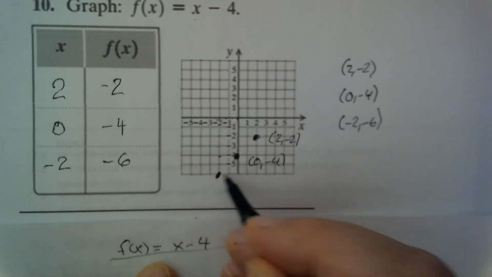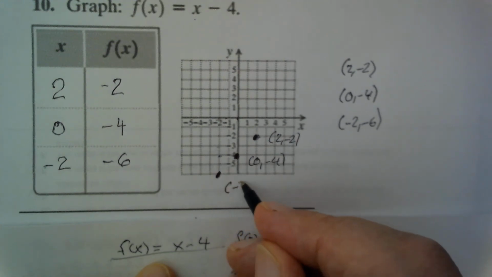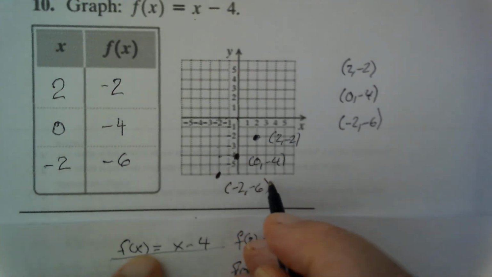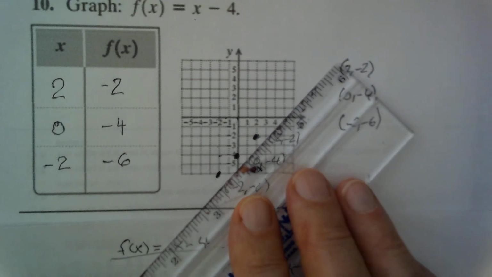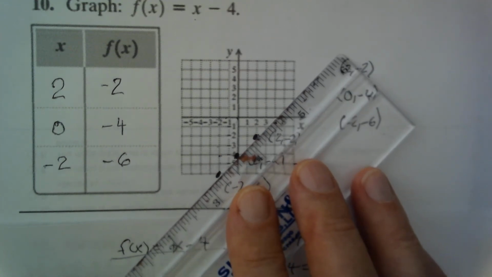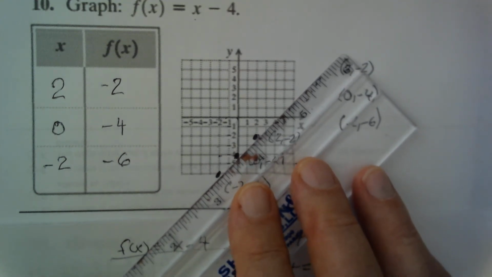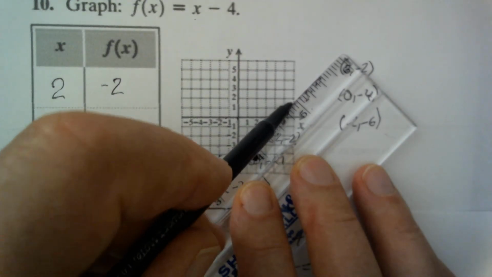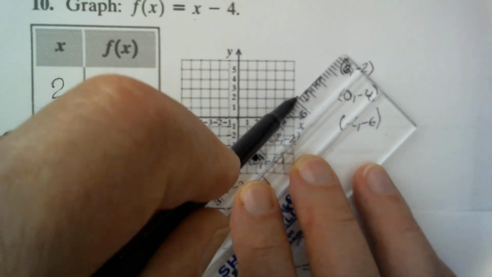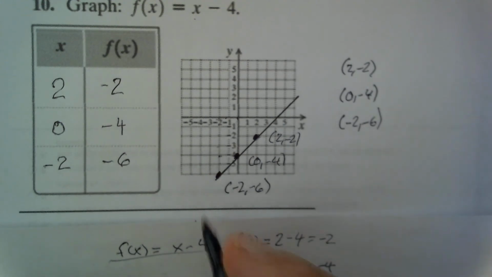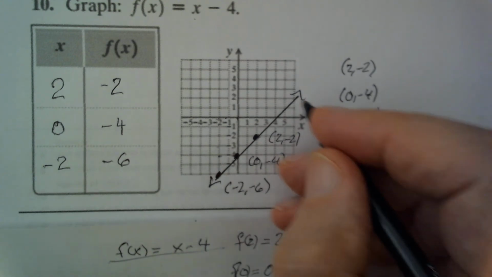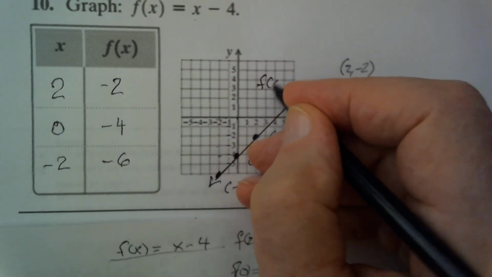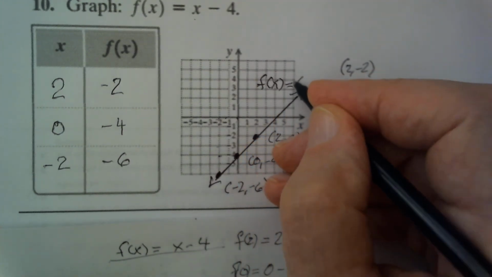So that's the point minus 2, minus 6. And then we connect these points with a straight line. And this is a graph of our function f of x equals x minus 4.